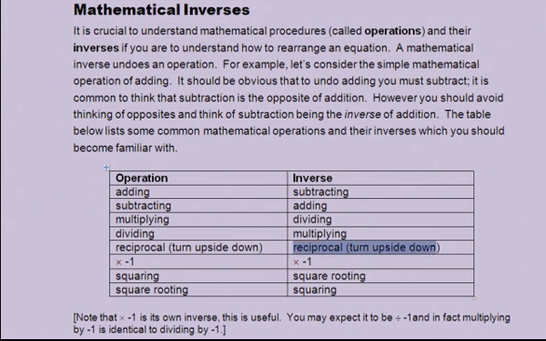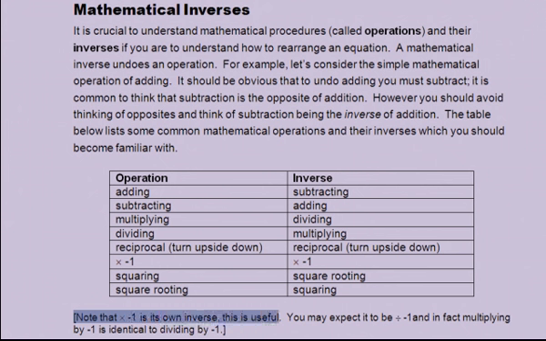Another useful operation is multiplying by minus 1. Multiplying by minus 1 introduces a minus sign into your mathematics, which is very useful. The inverse of multiplying by minus 1 is multiplying by minus 1. Note that multiplying by minus 1 is its own inverse.